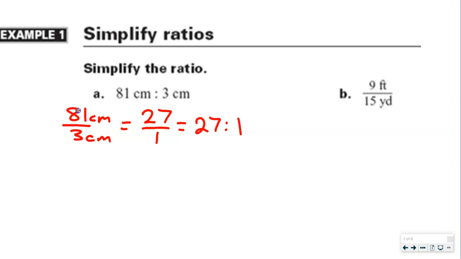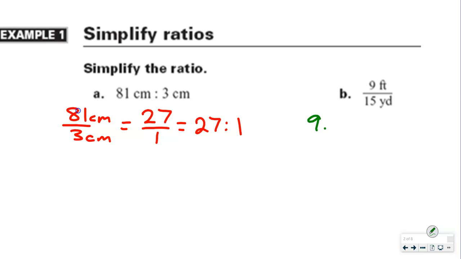We look at B. Now we have 9 feet over 15 yards. So notice we don't have the same unit of measurement. We have feet on top and yards on bottom. So we need to be able to convert that.